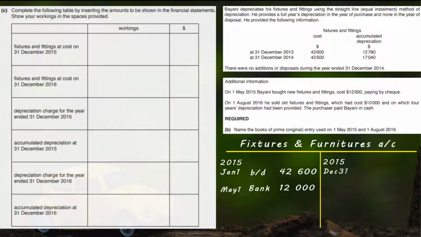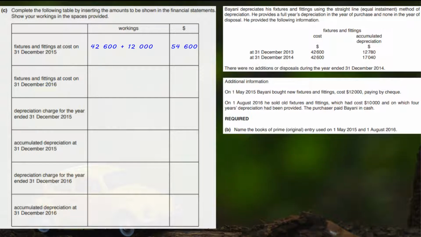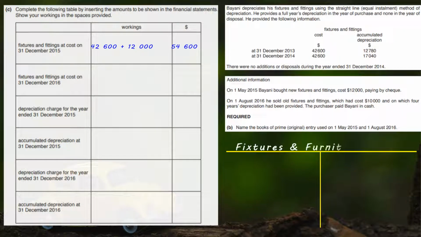Since the disposal happened in 2016, nothing is recorded in 2015, so the balance carried down should be 54,600. So that's done. If you were to do the working here, it should be 42,600 plus 12,000, which gives you $54,600.